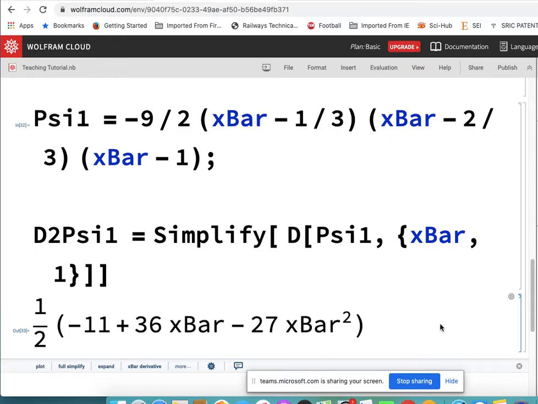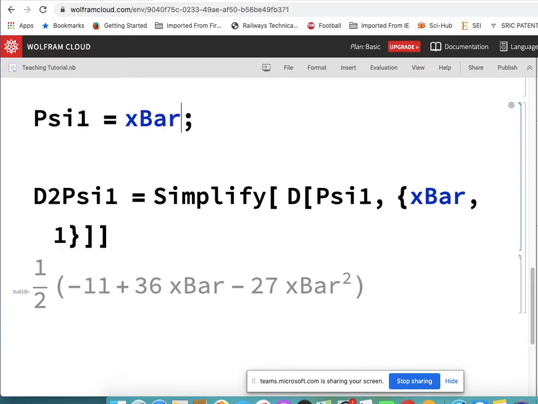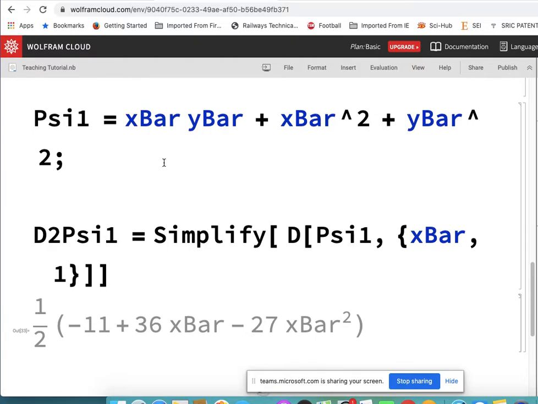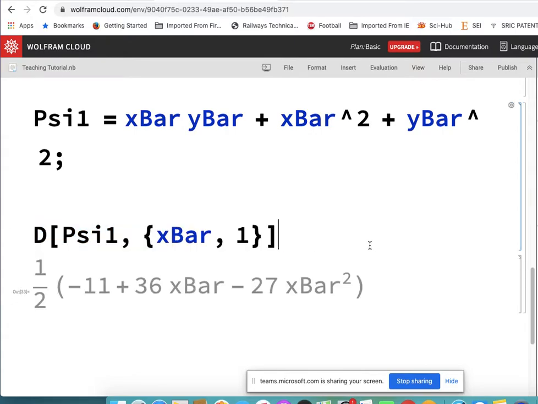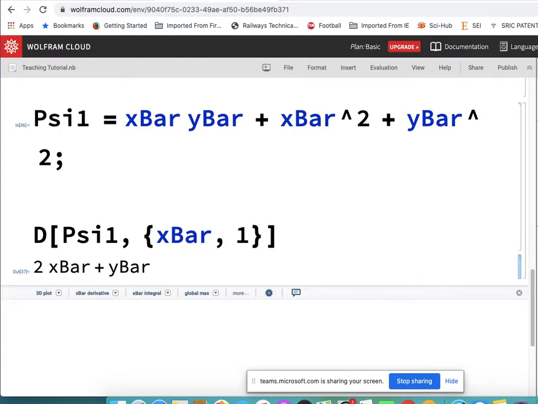Now let us say I had a function of 2 variables. Instead of just x bar, let us say I had x bar times y bar plus x bar square plus y bar square, some function, doesn't matter really. Let me differentiate it with respect to x bar 2 times. Differentiating once gives me 2 times x bar plus y bar.